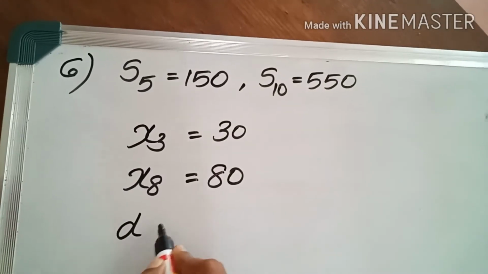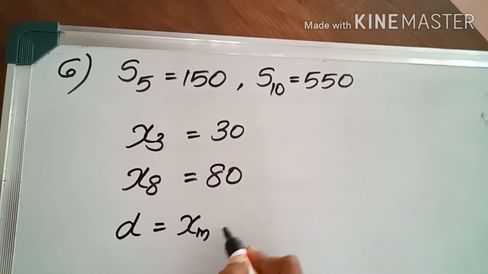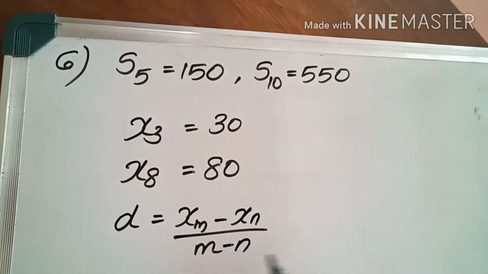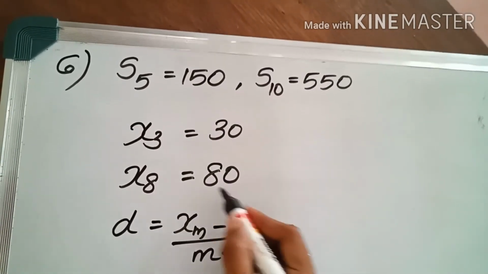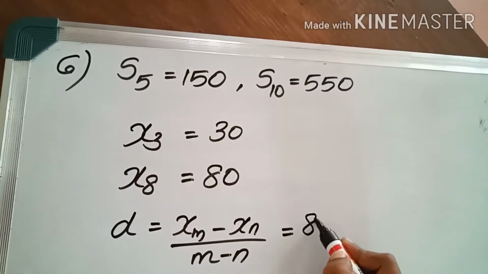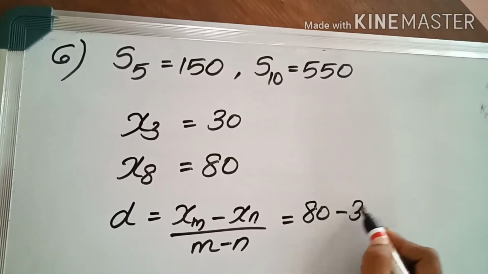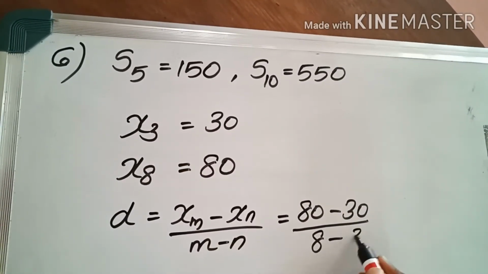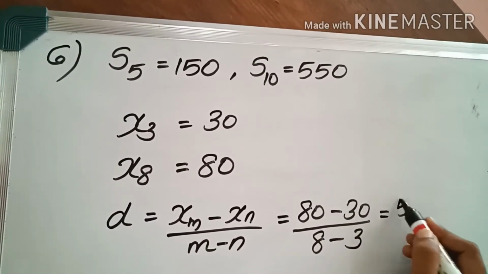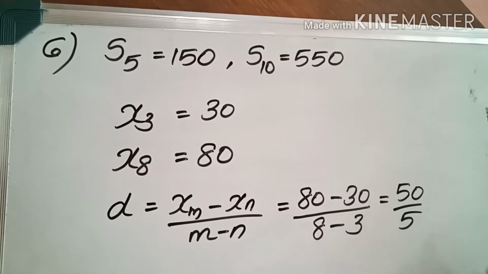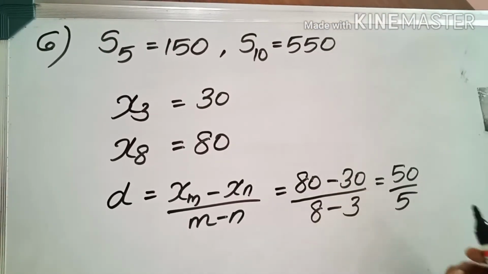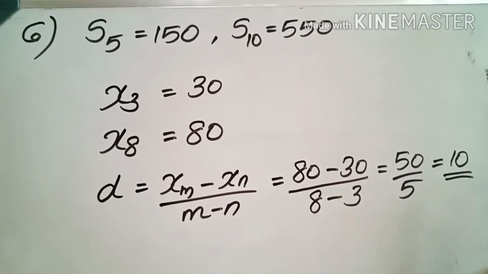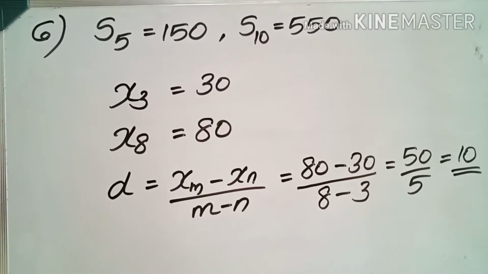So the common difference d equals (xm minus xn) by (m minus n). That is, for the highest position 8, the term is 80. 80 minus 30 divided by the position difference, that is 8 minus 3. So the answer is 50 by 5. 8 minus 3 is 5, 80 minus 30 is 50. So the answer is 10. So 10 is the common difference.